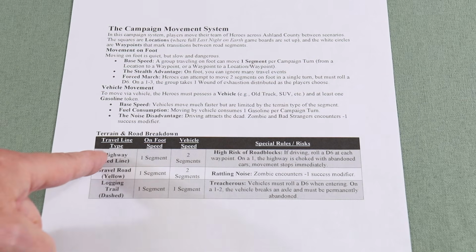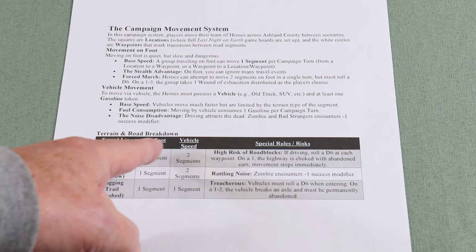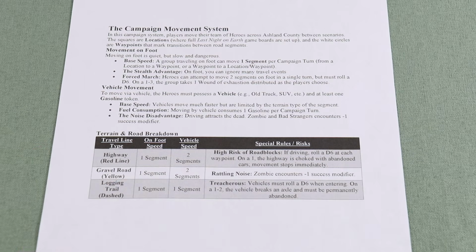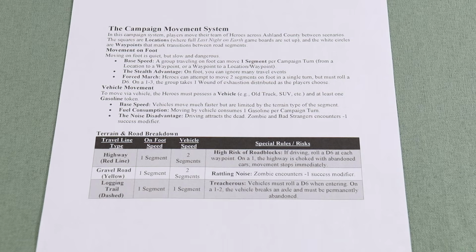And then based upon the type of travel line we're going to be using, it will tell us the speed at which we would be either on foot or with a vehicle. Obviously, on a highway, a vehicle can make better time than on foot. Logging trails are a problem, and when a vehicle tries to move on them, their speed is down to 2, and they're going to have to roll to see if that vehicle is permanently abandoned.